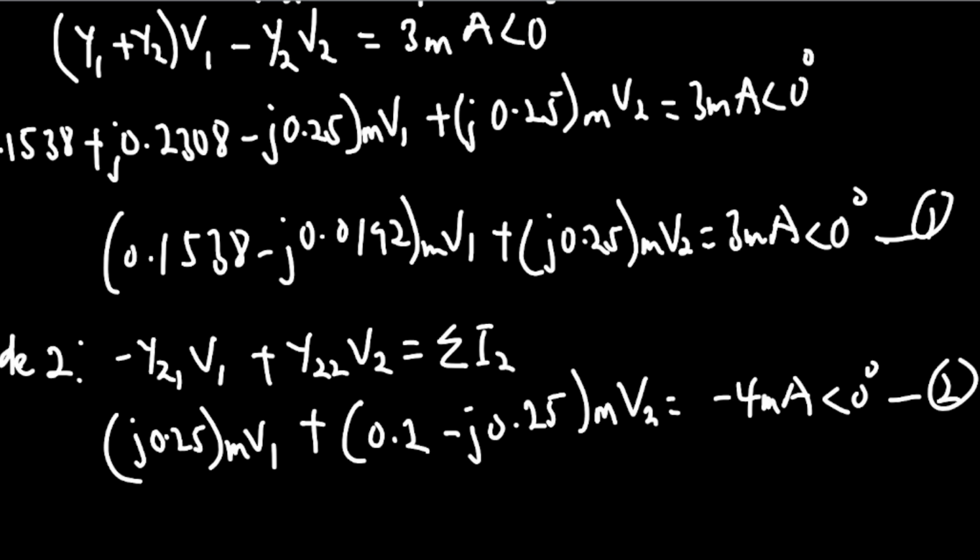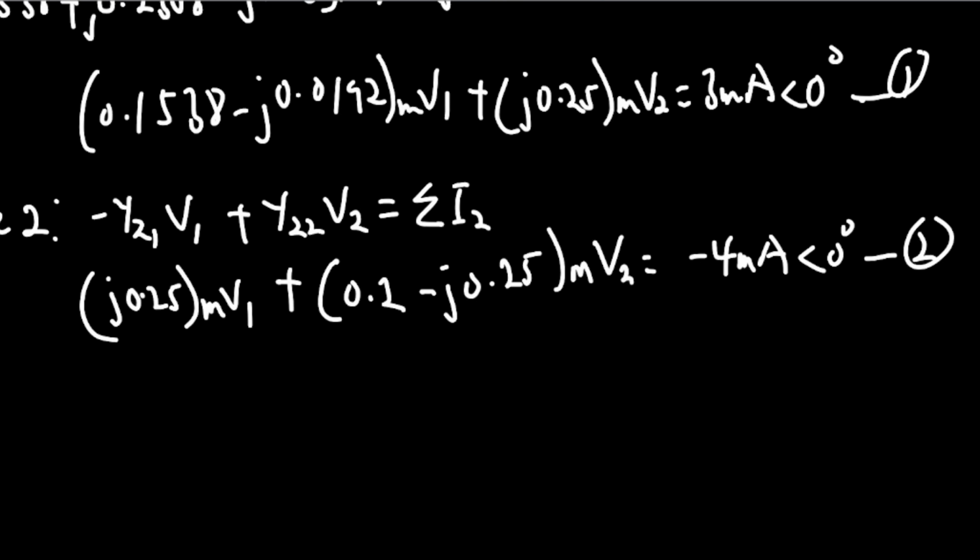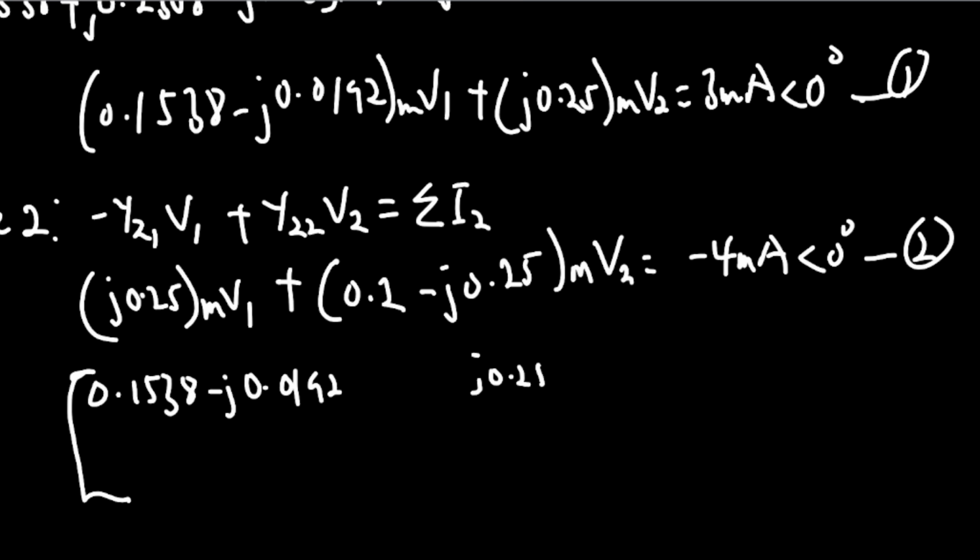So now we've successfully found our node equations. How do we present it in matrix form? In our previous video we did this, so just a quick reminder. I'll write it as quickly as possible: 0.1538 minus J0.0192, then here will be J0.25, then J0.25, then 0.2 minus J0.25.